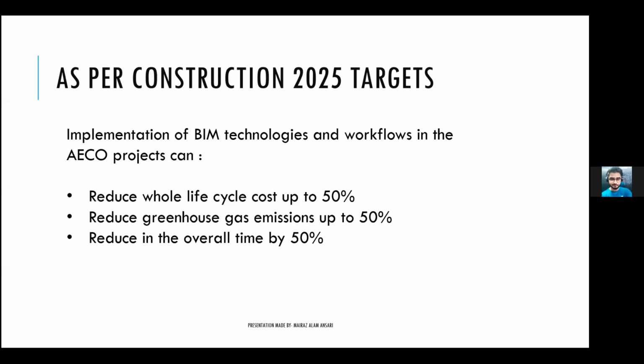For example, if it takes 100 crores, then if we implement BIM, we can complete that project in 50 crores as well. There are other advantages, like greenhouse gas emission will be reduced by up to 50% if we use BIM, and the overall time of the project will be reduced by 50% as well. So there is a very important aspect of BIM, which is why the industry wants us to learn BIM and implement BIM in the industry.